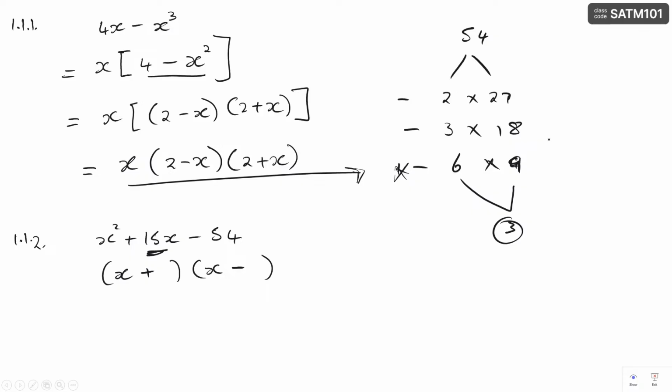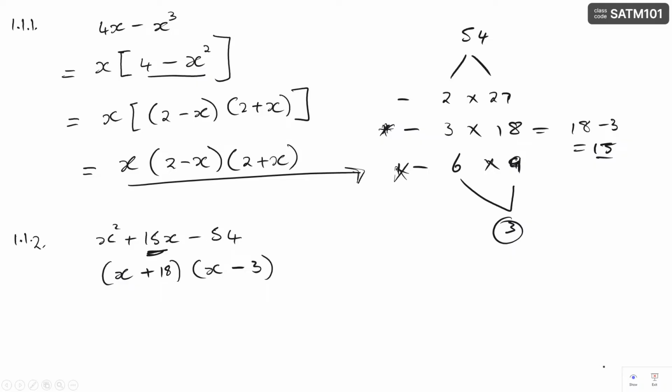So let's check this one. 18 minus 3 is giving us 15. And when we multiply, 3 times 18 is going to give us 54. So now we can conclude that this pair is the factors. Now we need to put 18 and 3.